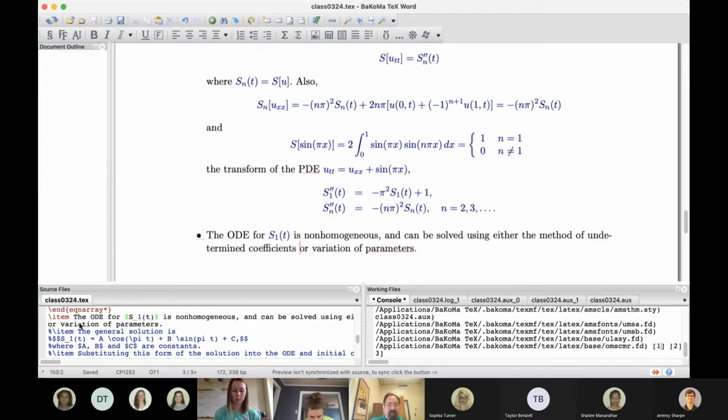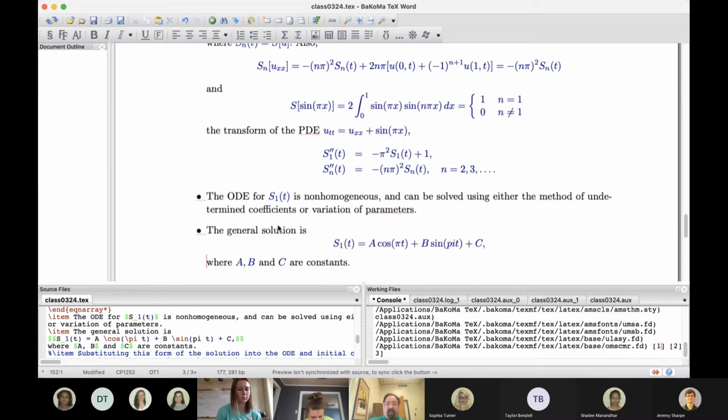Using those techniques, what you get for a general solution is a combination of sine and cosine of pi t, and then for the non-homogeneous part, that adds on this constant c.